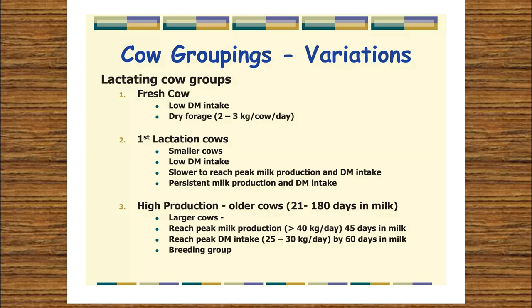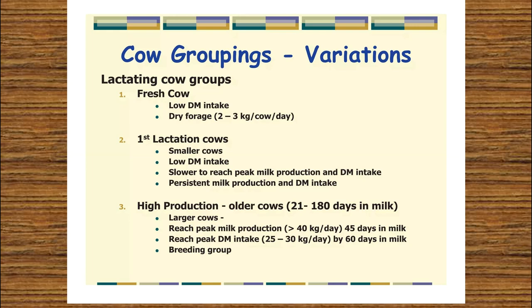Whereas the first lactation cows, that is smaller cows or tiny breeds, also have low dry matter intake because the rumen size is less, and they are slower to reach peak milk production and dry matter intake.